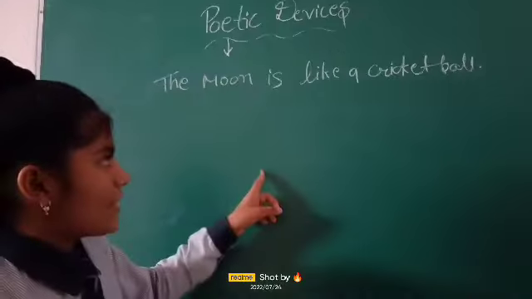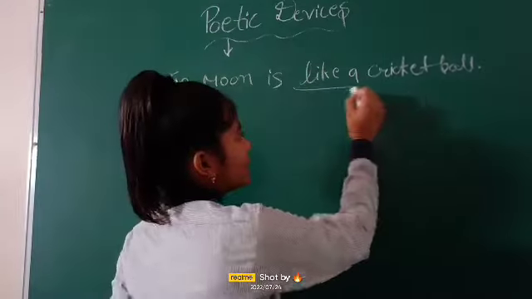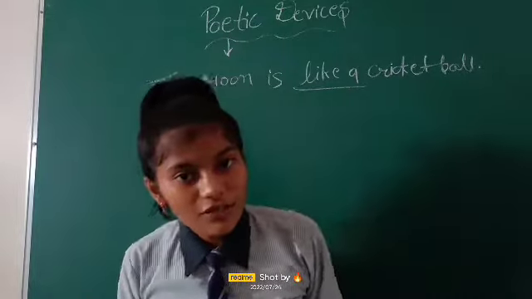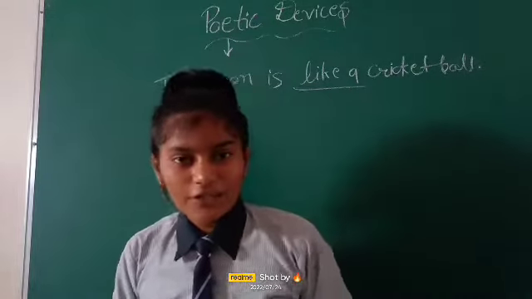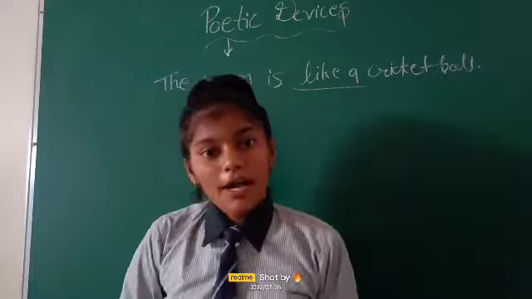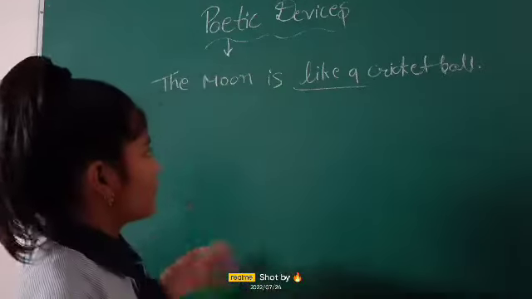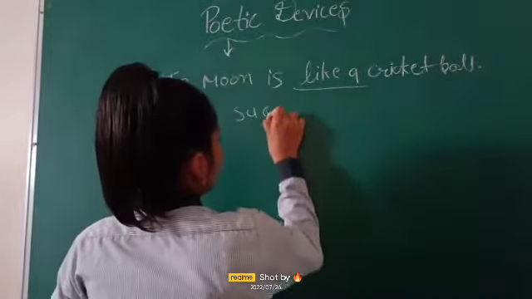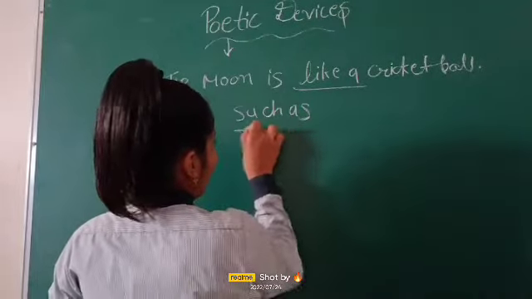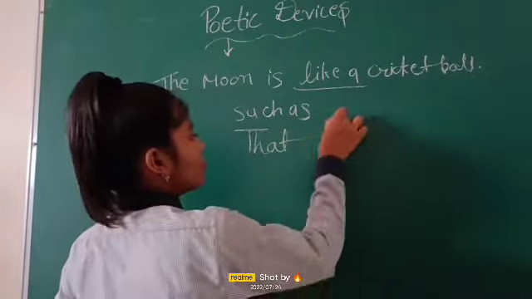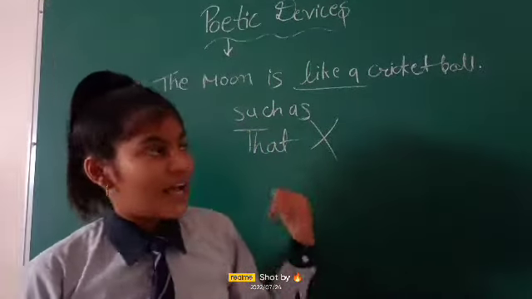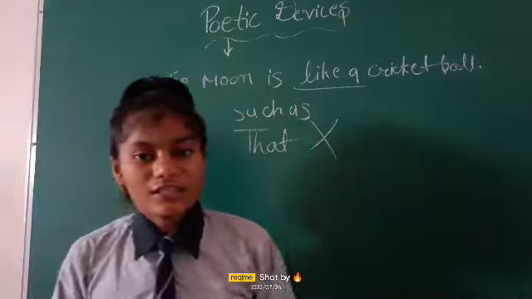There is an indication, that is "like a". Like is a simile word, so the simile poetic device has been used here. And if I say a different thing where words like, such as, that are not used, we call it metaphor, right? That's the difference between simile and metaphor.